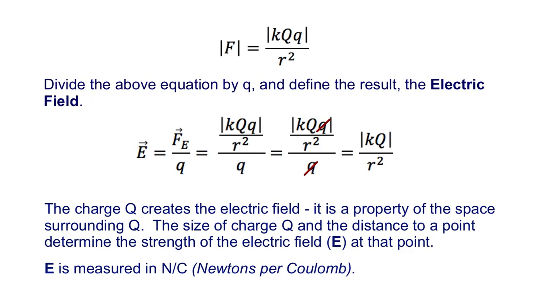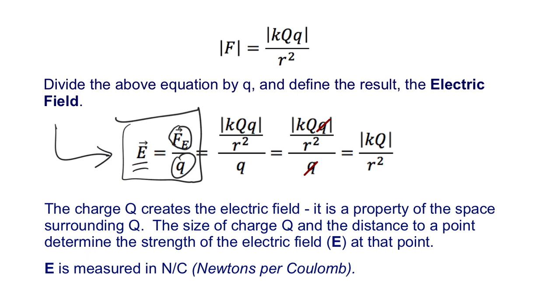So here is the equation for electric field strength, or just plain old electric field. E stands for the strength of the electric field. To find E, it's the electric force divided by test charge.